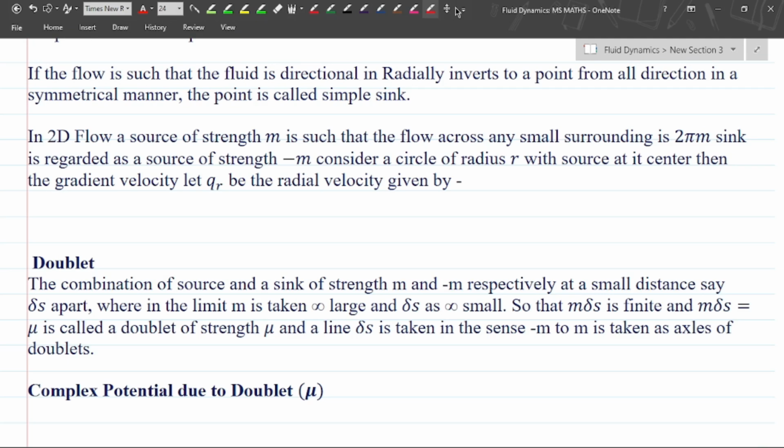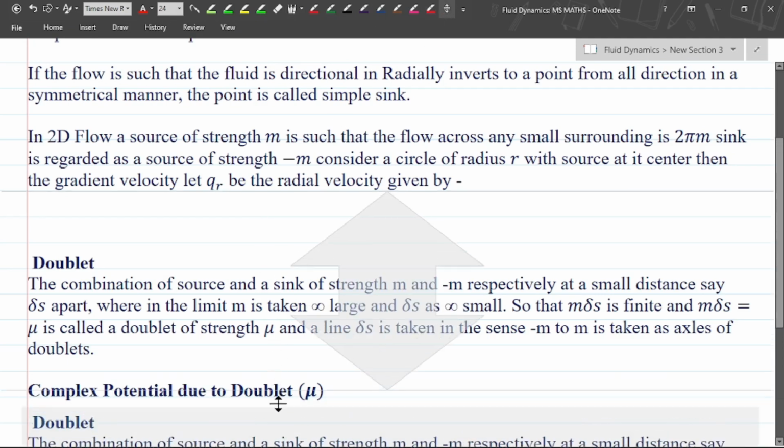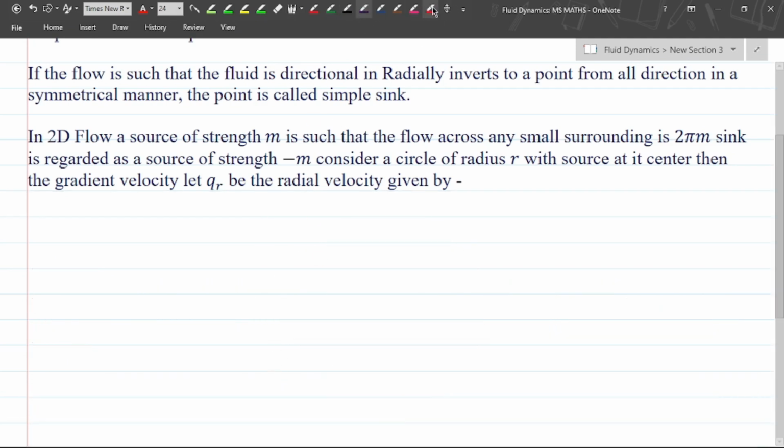This is all the game of direction, so we'll discuss it later. The flow across any small surrounding circle is 2 pi m, and a sink is regarded as a source of strength minus m. So here we have the source and sink with strengths m and minus m.